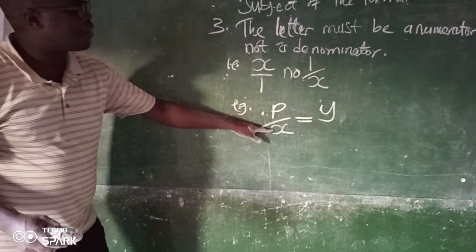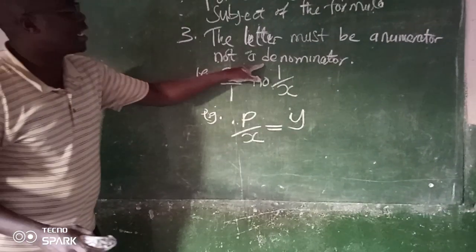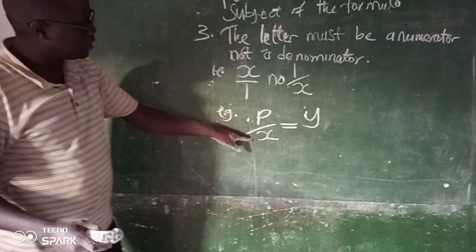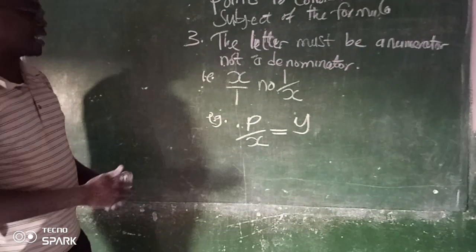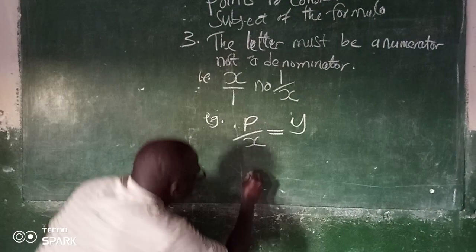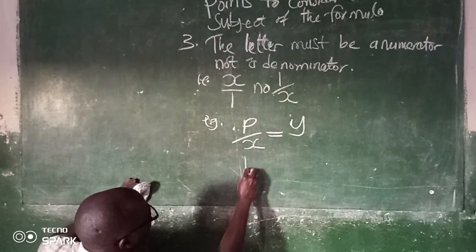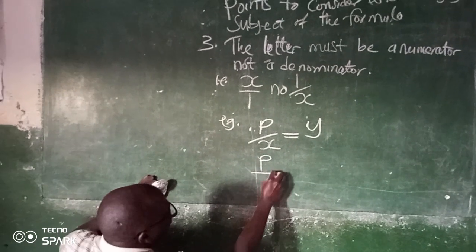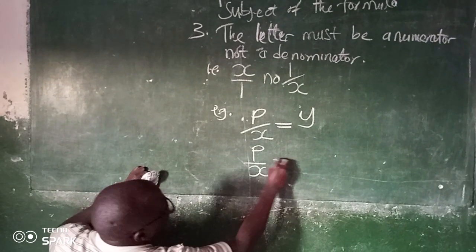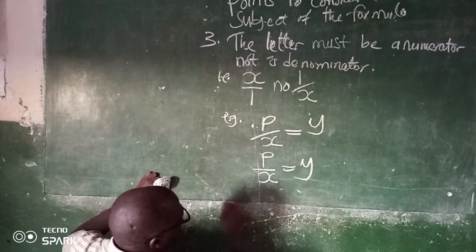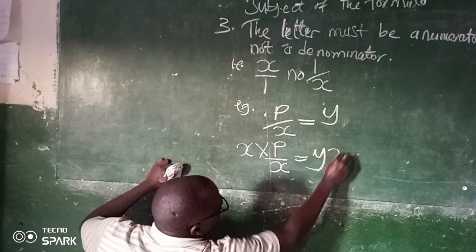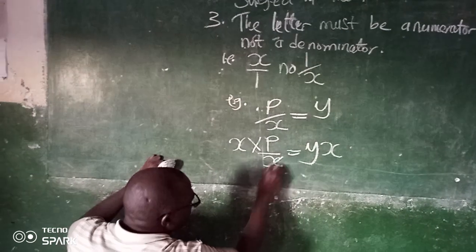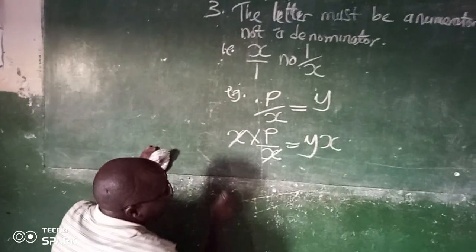But you see that our x is a denominator, and the rule is saying that it must be a numerator. So in this case, we write P over X is equal to Y. Then we multiply by X both sides. This X will cancel out this X.